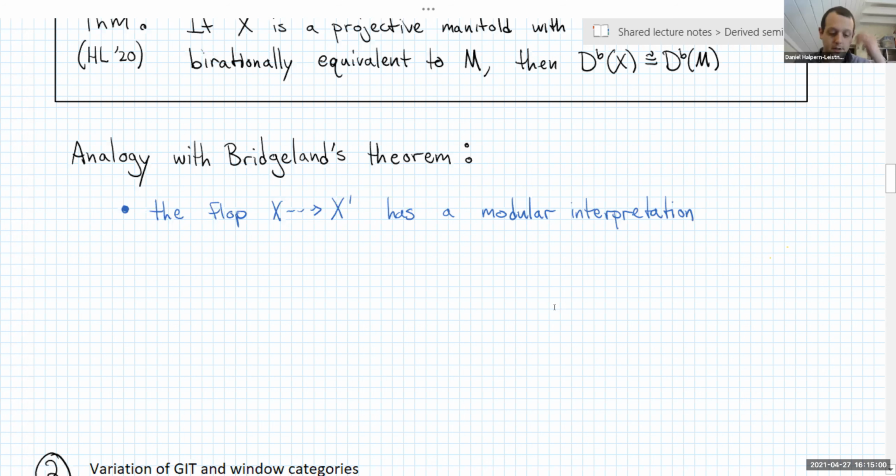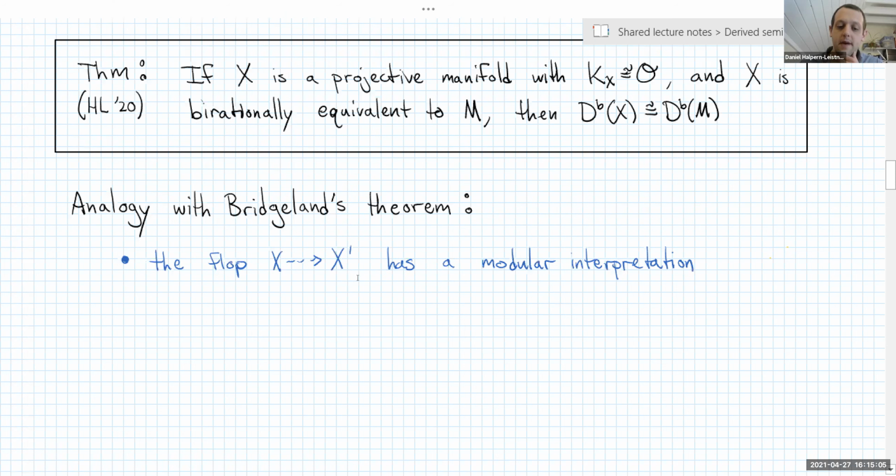It's a cool construction where, in his theorem, he actually constructs the X prime, the flop of a threefold. So you have a curve contraction from a threefold, and you construct the flop as a moduli space of certain objects in the heart of a t-structure that's not the usual t-structure on D^b of X. And then the equivalence is given by a Fourier-Mukai kernel, which is just the universal object on the product of X and X prime coming from this modular interpretation.